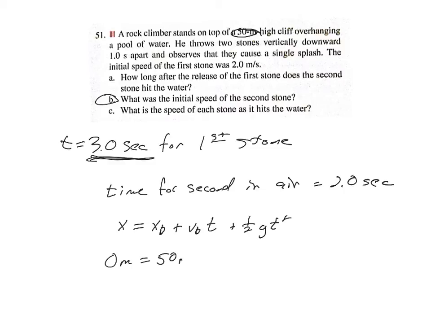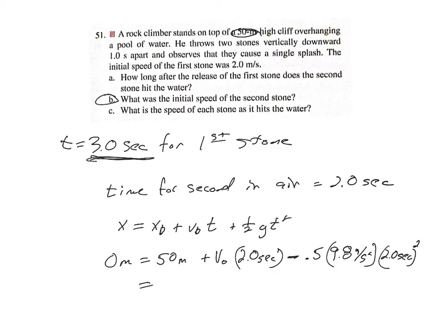My initial position was 50 meters. I don't know what my initial velocity was, but time was 2 seconds. And this is going to turn negative because gravity is negative, 0.5 times 9.8 meters per second squared, times 2 seconds, but I have to square it.